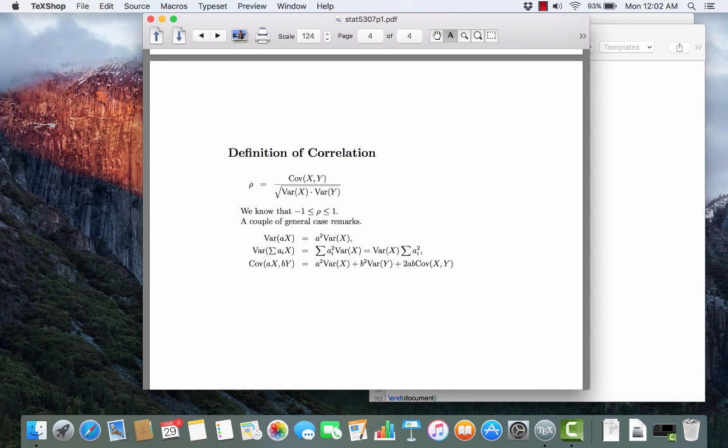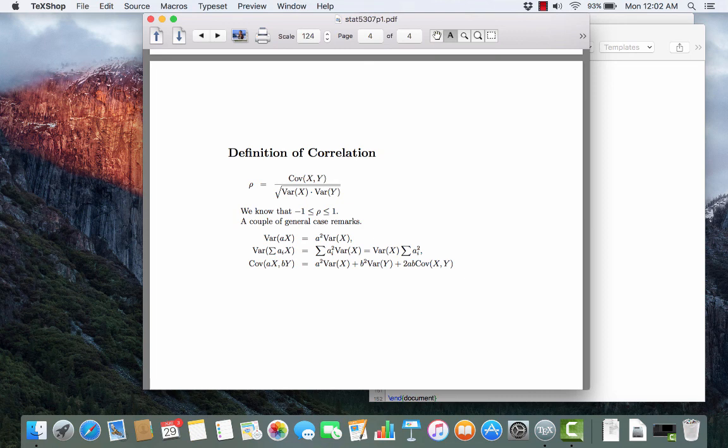The variance of the summation of ai times x is equal to the summation of the ai squared times the variance of x. And since the variance of x is going to be some constant, you pull the variance of x out times the summation of the ai squared.